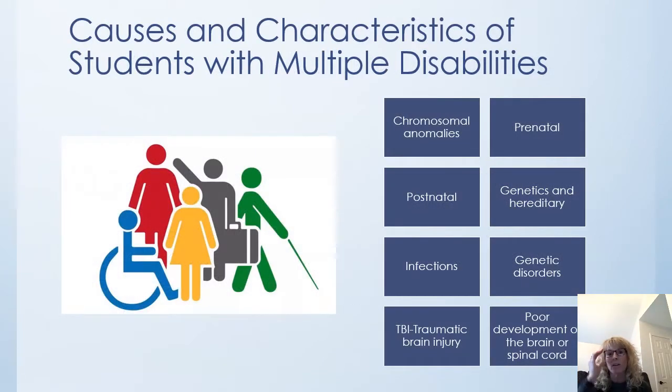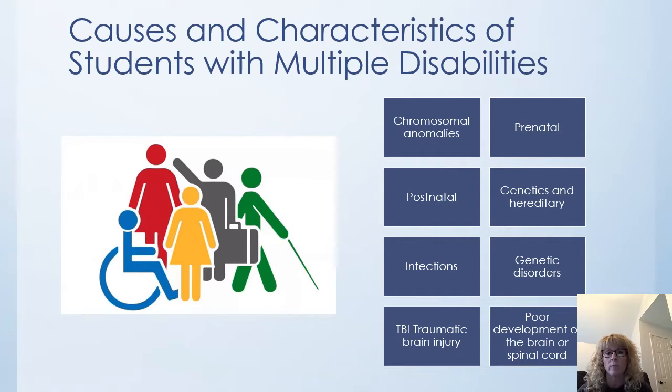Some causes and characteristics of students with multiple disabilities. I have about 8 listed here, and there could be more, but things that can happen at the beginning are chromosomal anomalies, things that happen in prenatal and postnatal times when the mom is having the baby. Maybe there's genetics and hereditary involved.